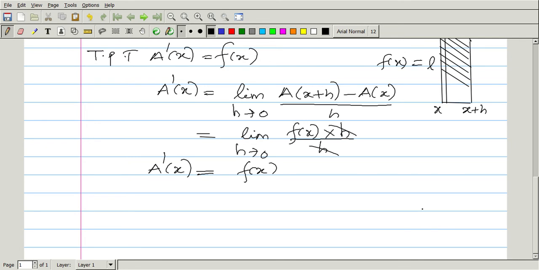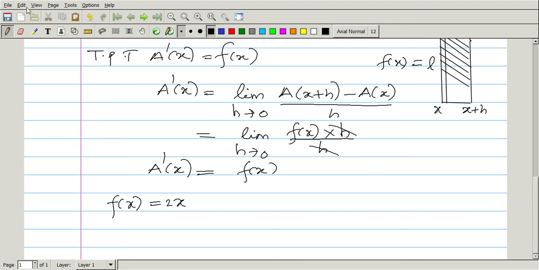Example: maybe f of x is 2x, and we'll find, if I draw the graph, f of x is equal to 2x.